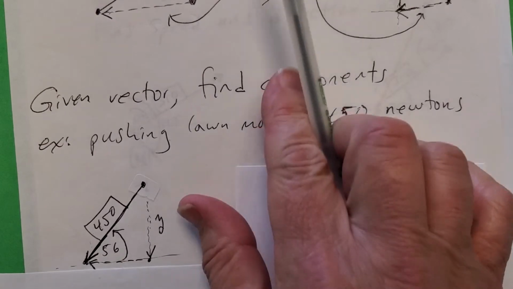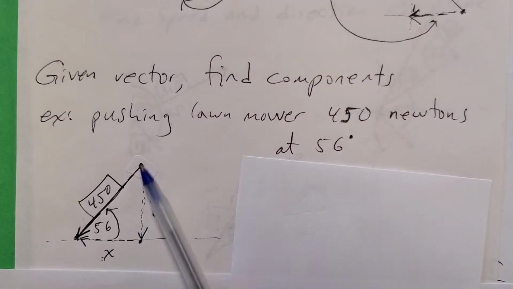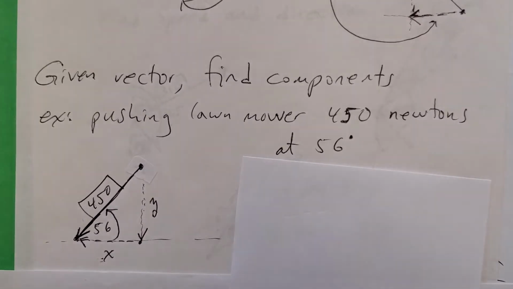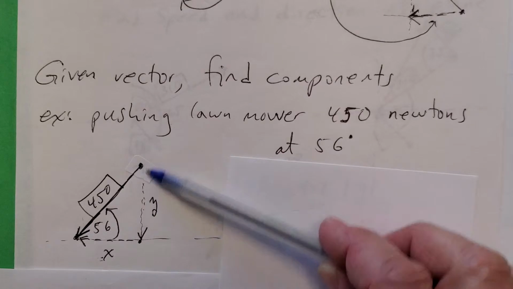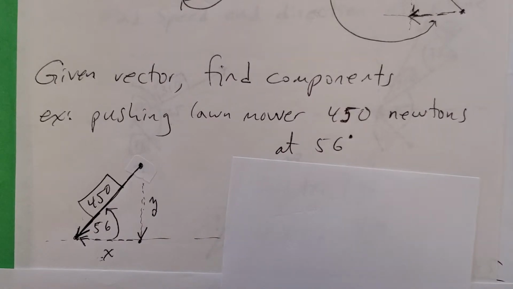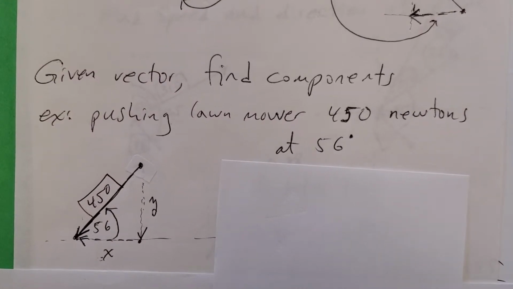Now the components are this side and this side of the right triangle. Notice I cleverly call them y because it's going the y direction, and x because it's going the x direction. This is enough information to find y and x.